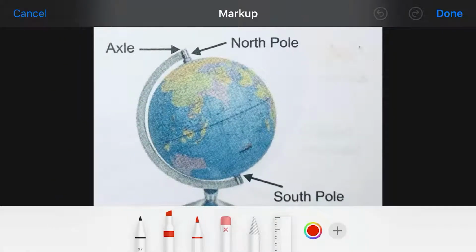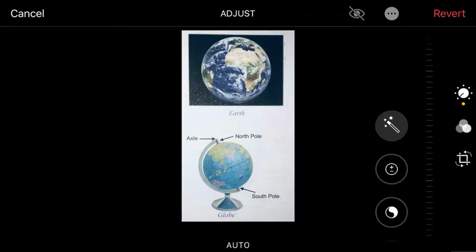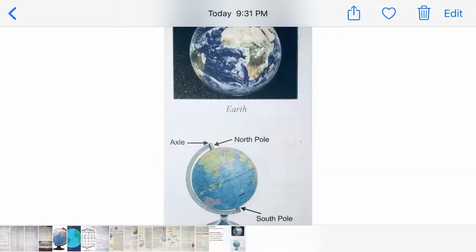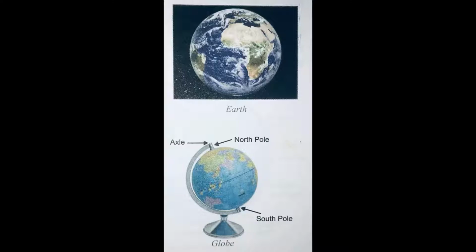This portion is called the axle. In reality the Earth moves in this way, not in a rectangular shape, and the upper portion is called the North Pole and the lower portion is called the South Pole. I hope you understand from this. A globe is a man-made small model of the Earth.